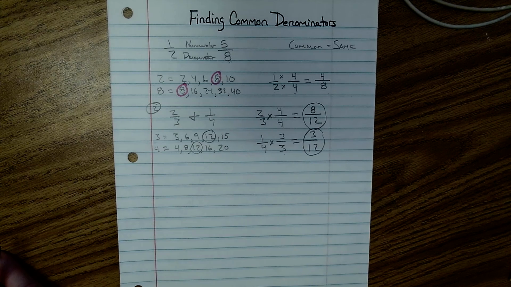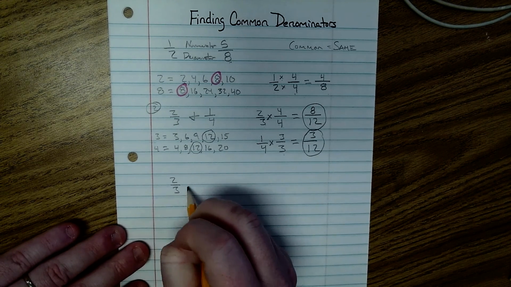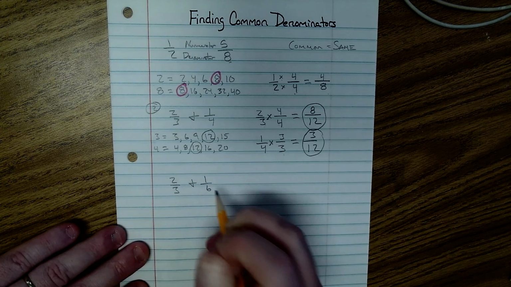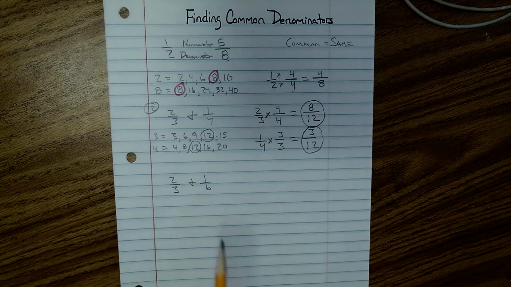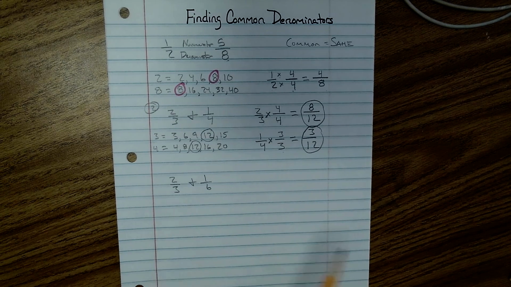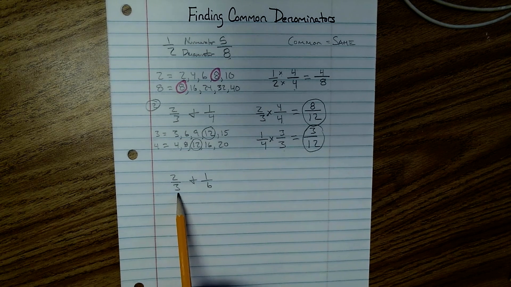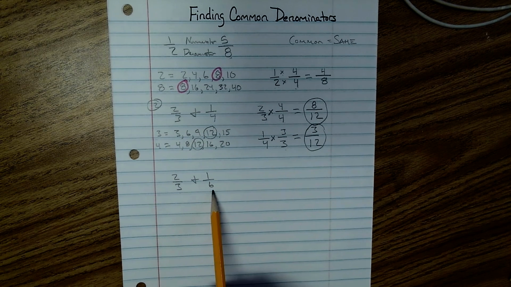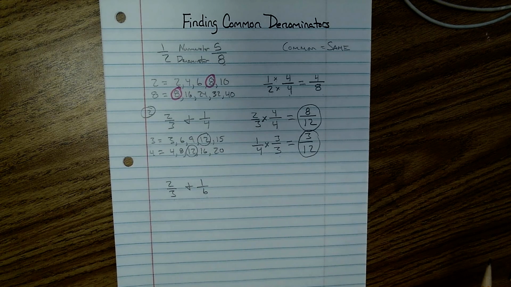For example, let's say that I had the numbers 2/3, so we'll keep that one, and 1/6. Okay. So before I decide to count by threes or count by sixes, I'm going to look at the two denominators and see if my smaller denominator, which is 3, will go into my larger denominator, which is 6. Well, will 3 go into 6? Yes.